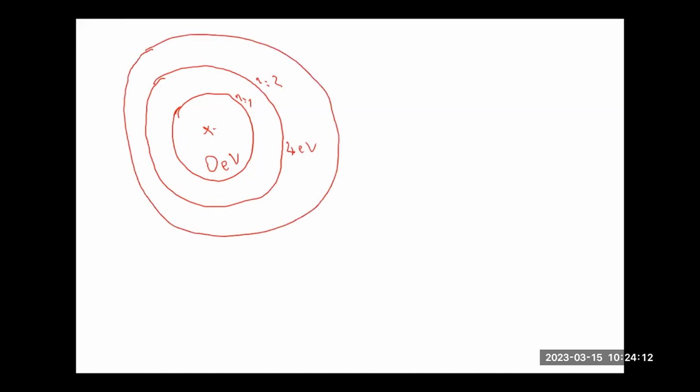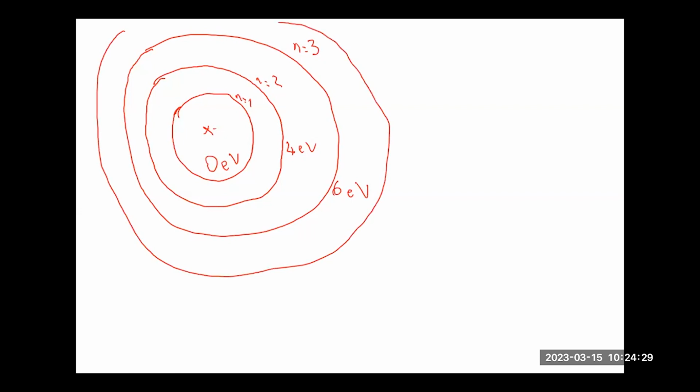Third one, I'm just giving some arbitrary numbers. 6 eV. Let's put another one here. And n is equal to 4. Let's say 7 eV. And we have an electron at the first shell. So the energy is increasing as a distance from the nucleus.